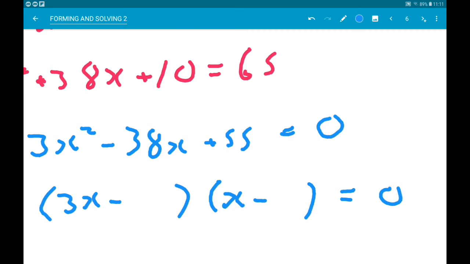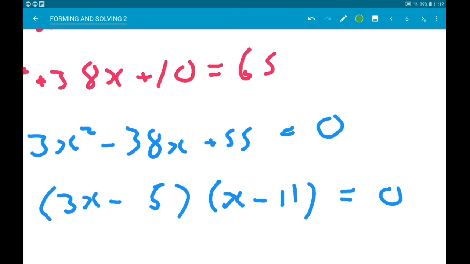If we stick 11 there, then we get minus 11 times 3x is minus 33x, and then the 5 there is going to take us down to minus 38x. Cool. Okay.